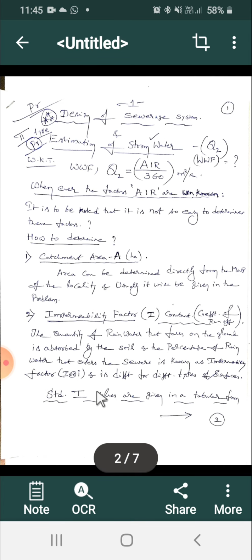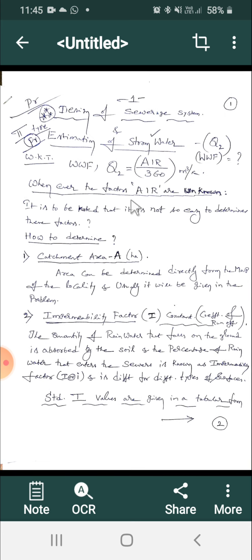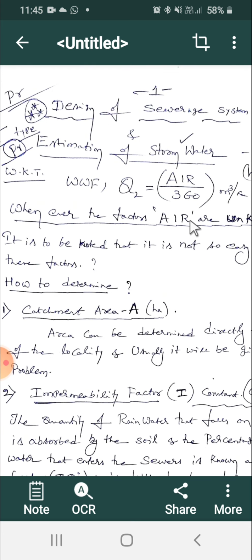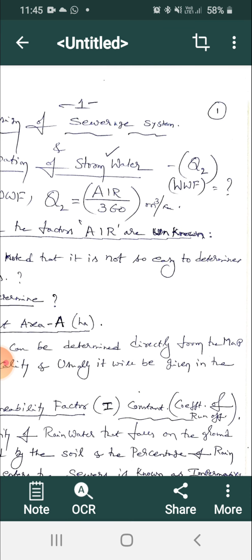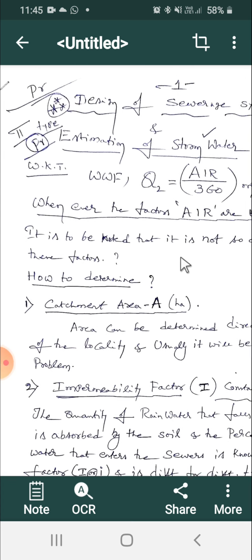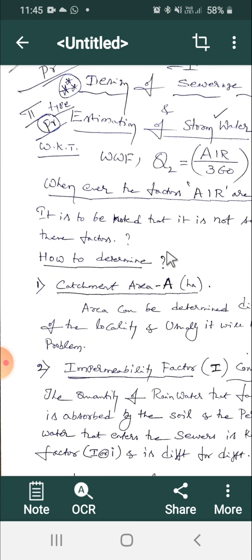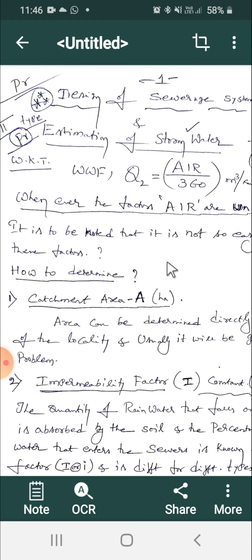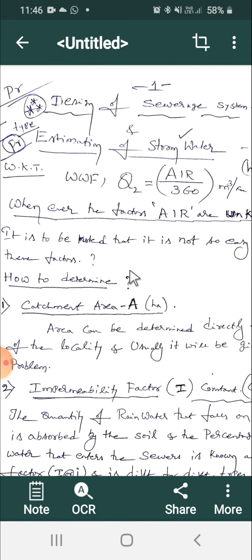Now in the last class, we came to know that whenever the factors A, I, R are unknown, then you have to think somewhat. Because if everything is known, given values, then substituting the values into this equation is very easy.